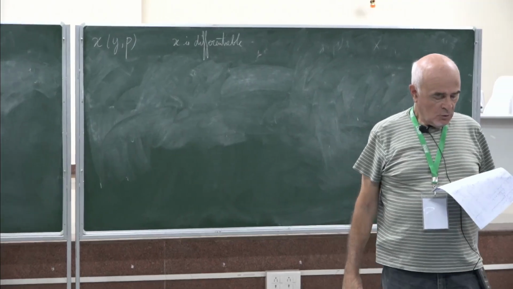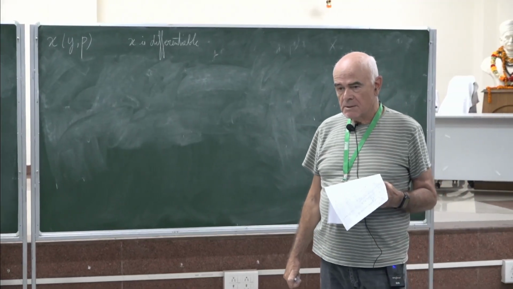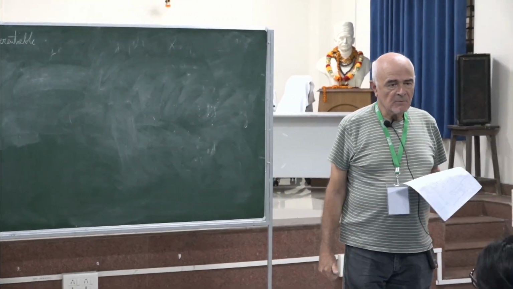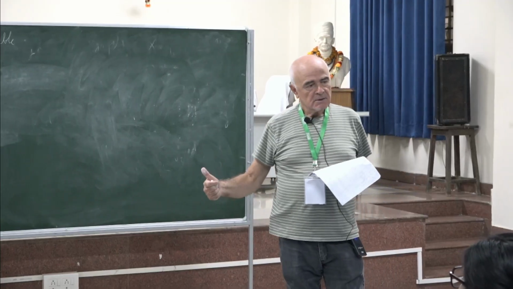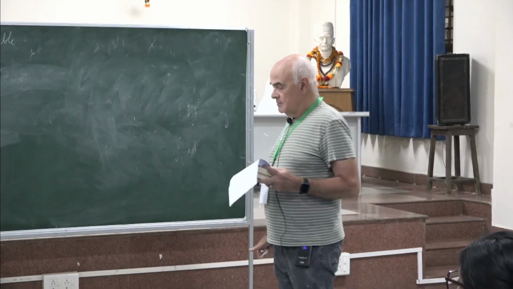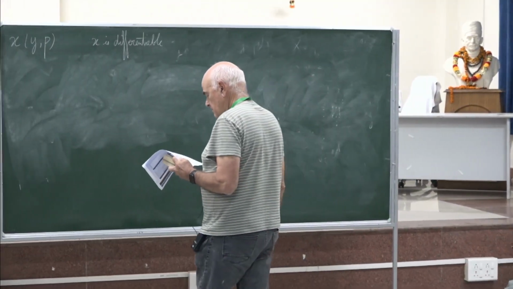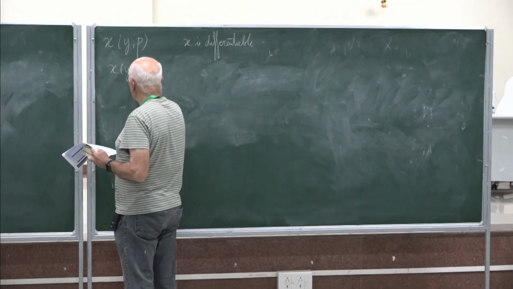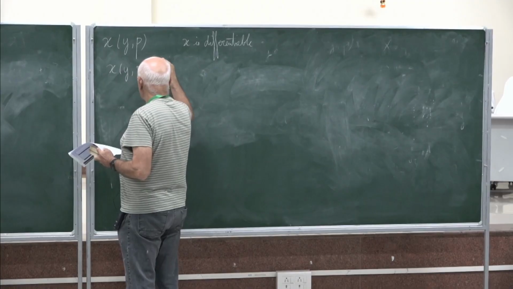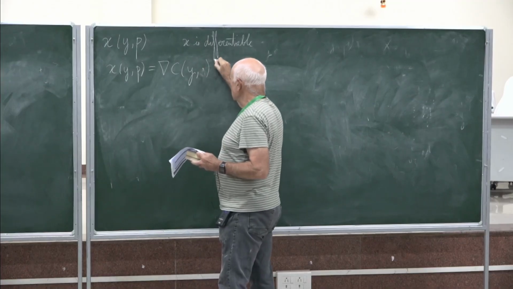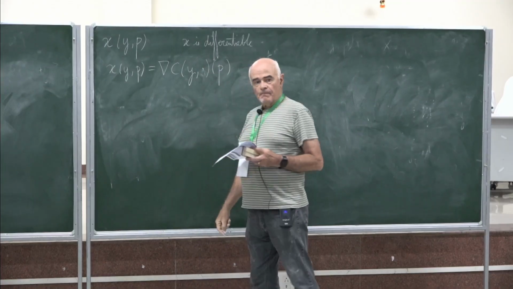As a function of prices, what can we say about its Jacobian matrix? We have that x of y, p is the gradient of C at p.